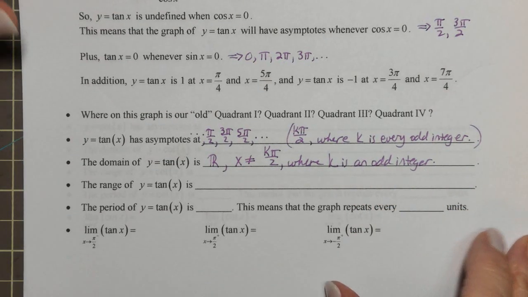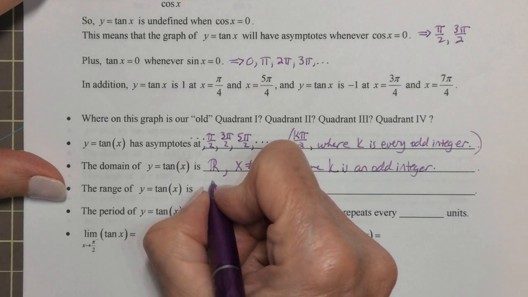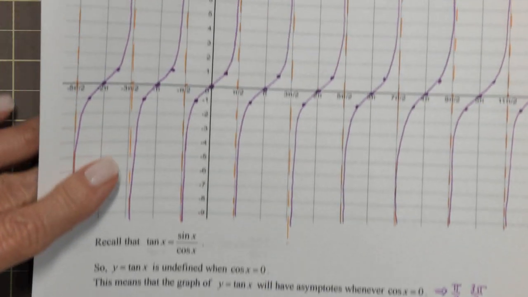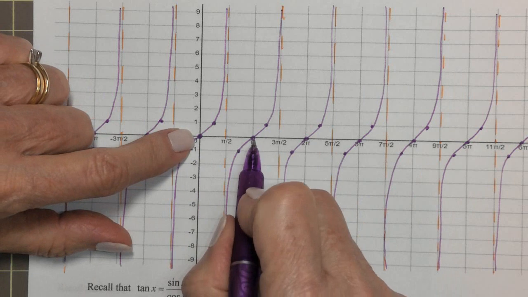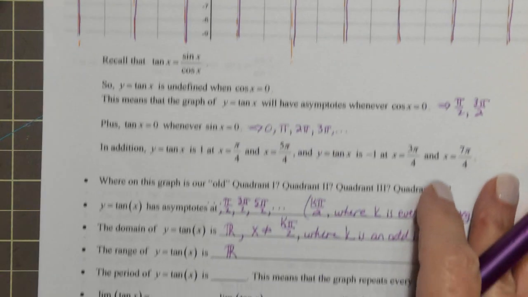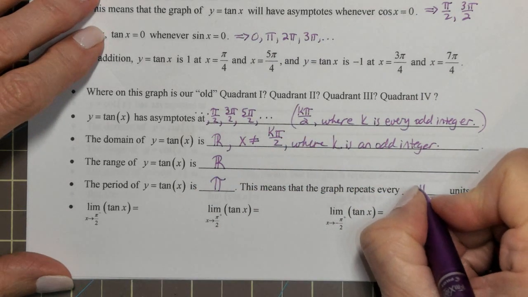What about the range? What y values are being covered? All of them. So all real numbers. What is the period? How far do you go until you start to repeat yourself? Only to pi. At every pi units you will repeat the graph of tangent.